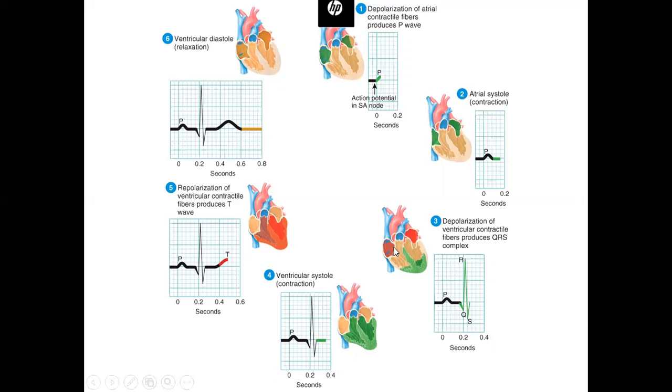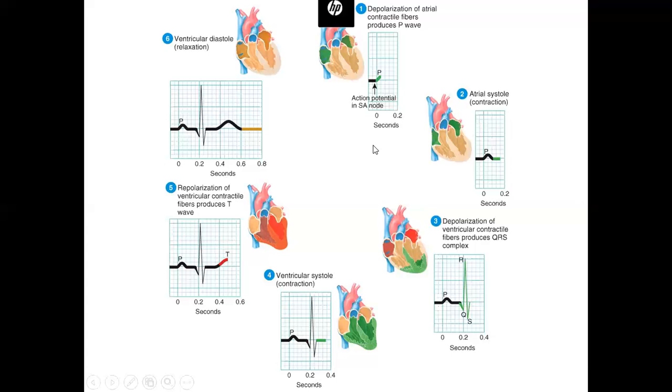While that's taking place, we carry that signal down into the ventricles, where those muscle cells are depolarizing. We see that with the QRS complex. Following that, from the S to the T, the ventricles are going through contraction, what we call ventricular systole, pushing the blood up and out of the ventricles into the aorta and into the pulmonary trunk. Following that, the T wave begins as the ventricles start to repolarize, so that this can all begin again.